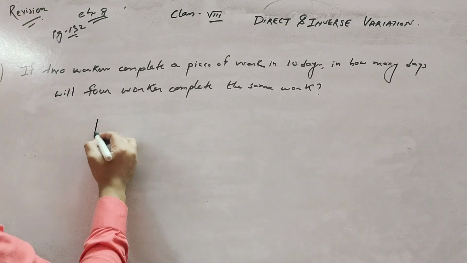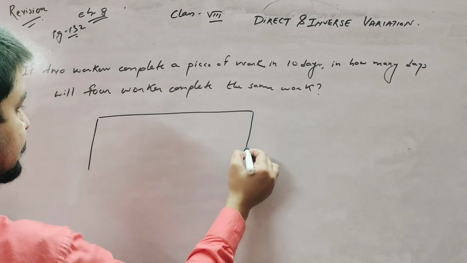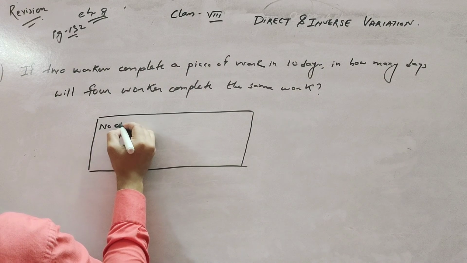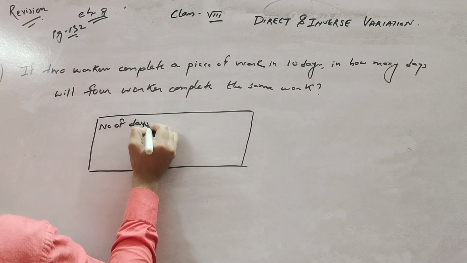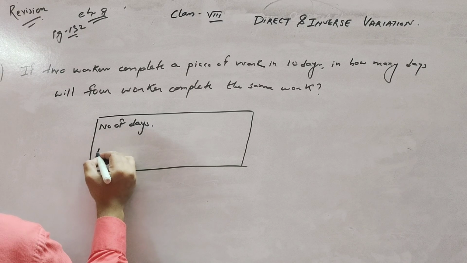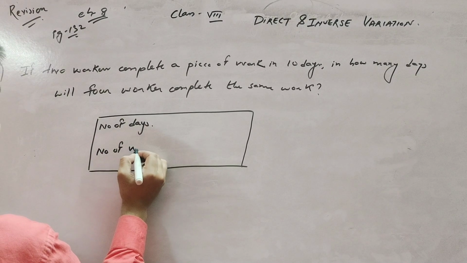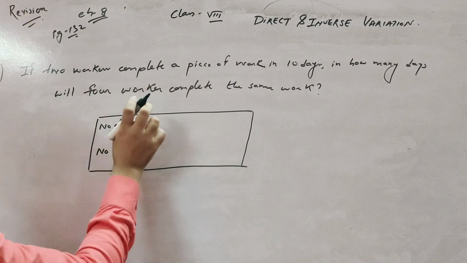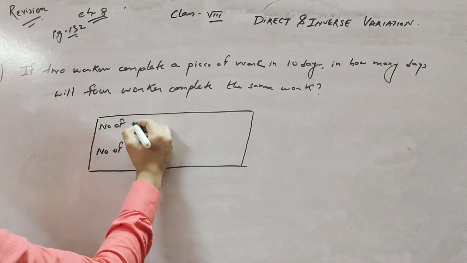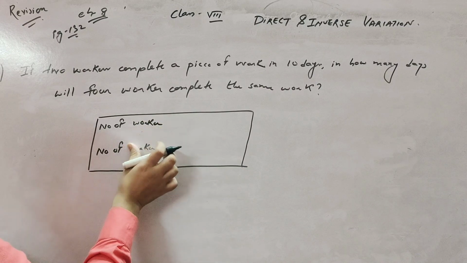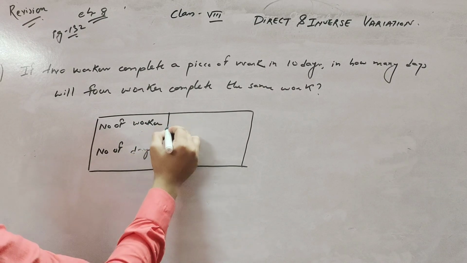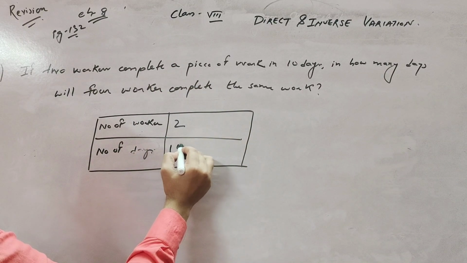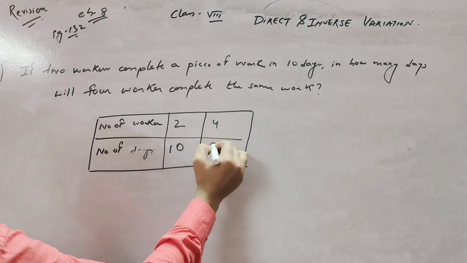Okay, so first of all you draw the table: number of workers and number of days. Firstly the number of workers is 2, so the number of days required is 10. When the number of workers is 4, how many days?